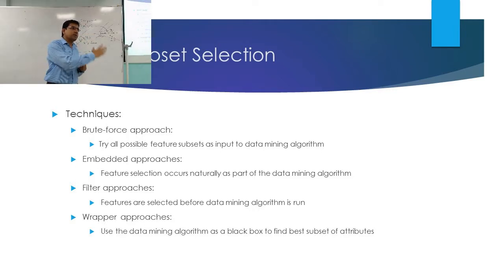In the filter it is separated out. This task may be totally different from the data mining algorithm you have written, so it is a totally different process. Embedded is totally inside, wrapped with the algorithm. So three different techniques are available for feature subset selection.